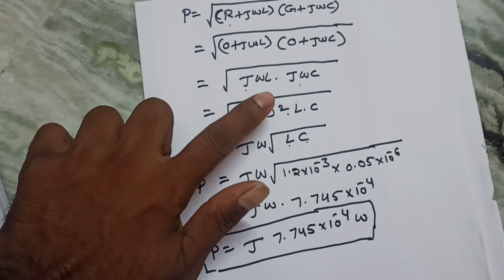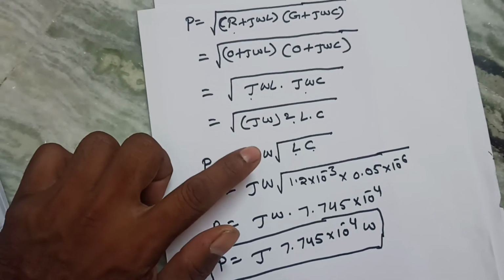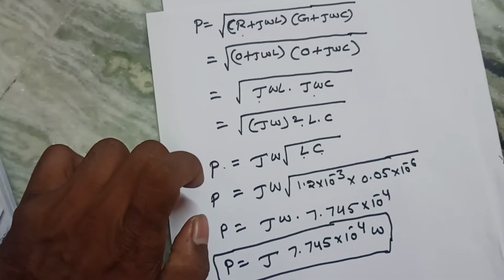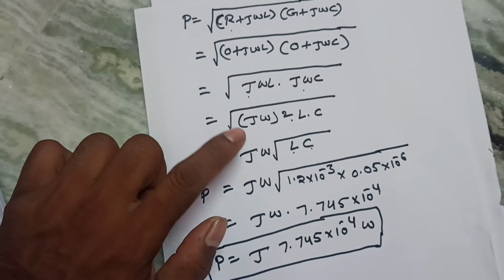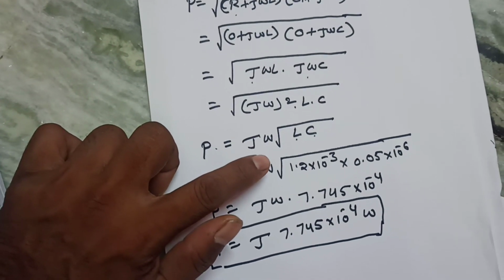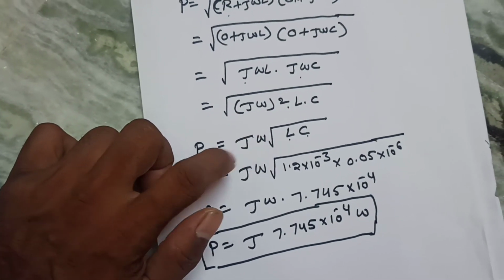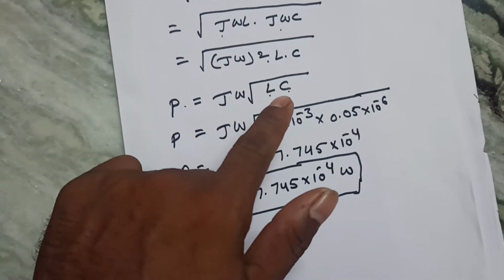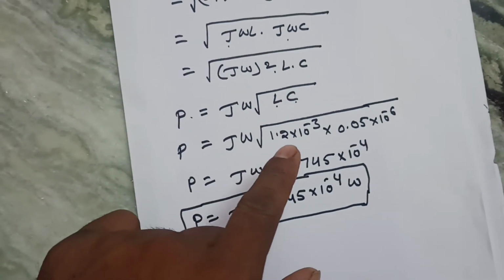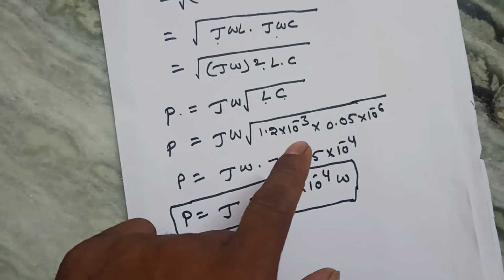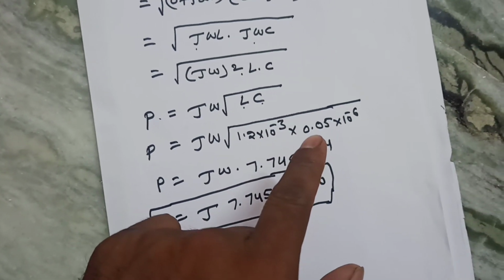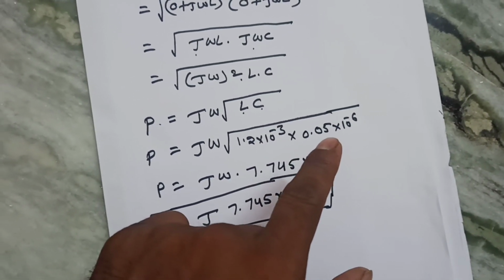The square and square root cancel each other, so jω comes out of the square root. That's why jω into square root of LC. We substitute the L value, 1.2 into 10 power minus 3, and the C value, 0.05 into 10 power minus 6.